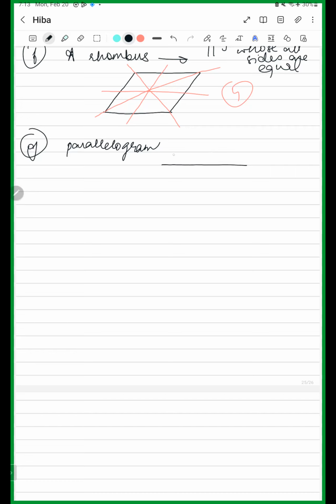Not all of different length. It's like this. Two sides are equal and the other two opposite sides are equal. Yes. Only two.